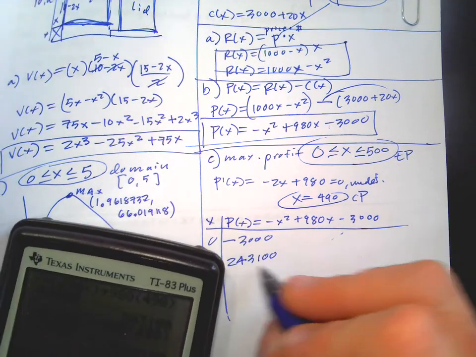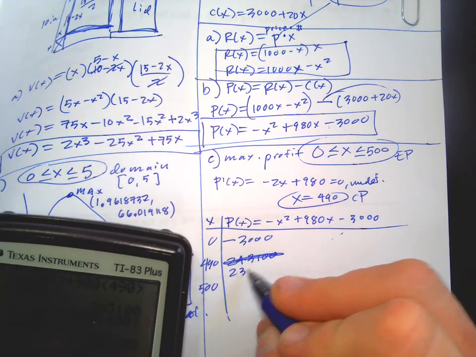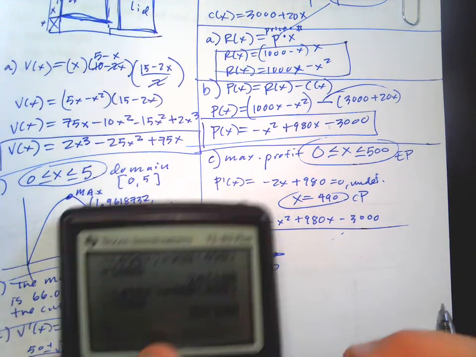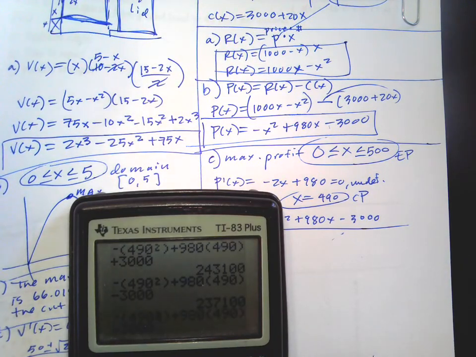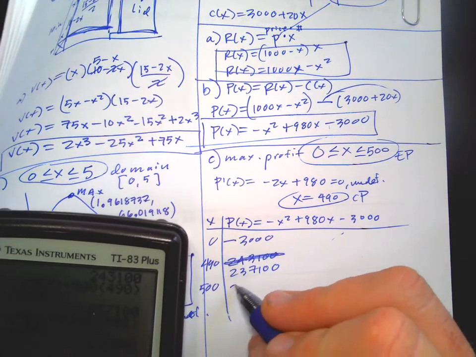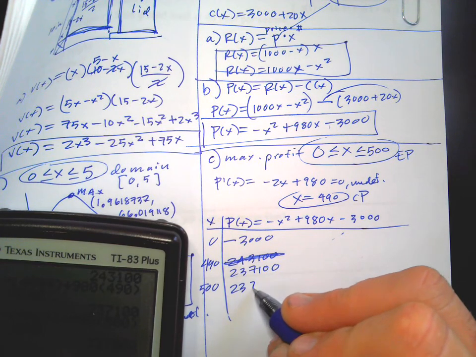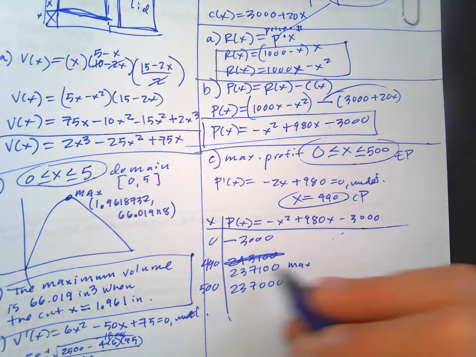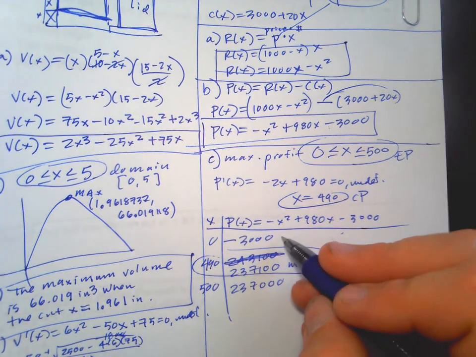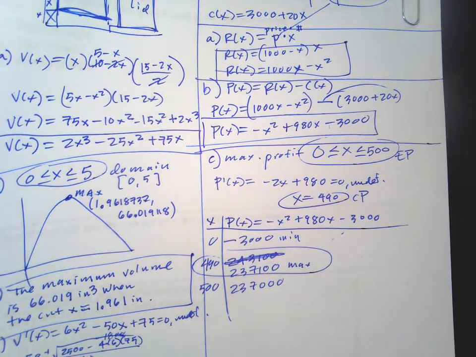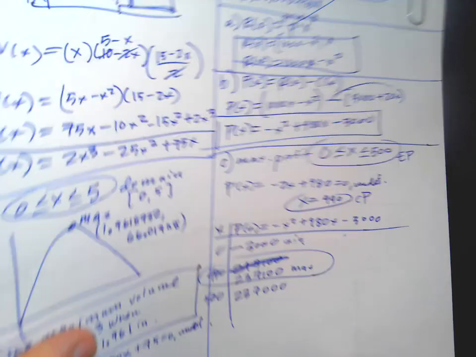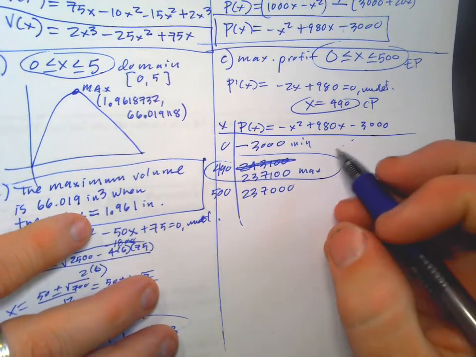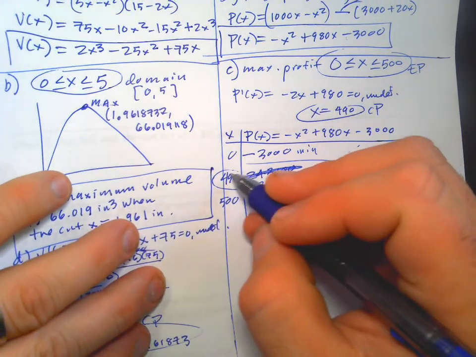Sorry, that was wrong. It's 237,100. I'm going to do the same thing with 500, so I'm going to copy and paste, which is quicker. And this one is 237,000. Oh my gosh, that's close. So here's your max profit. This is your min, losing lots of money, which is realistic. So this is where it happens.